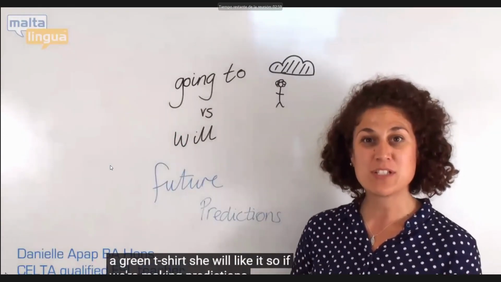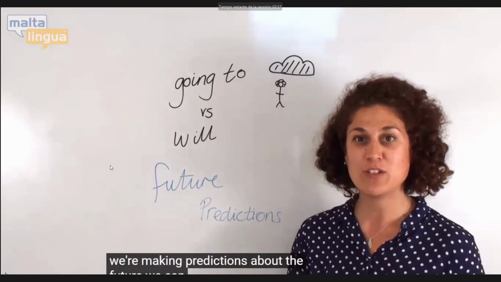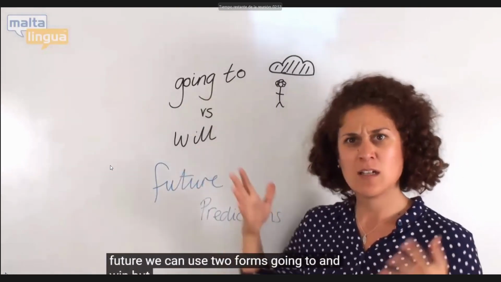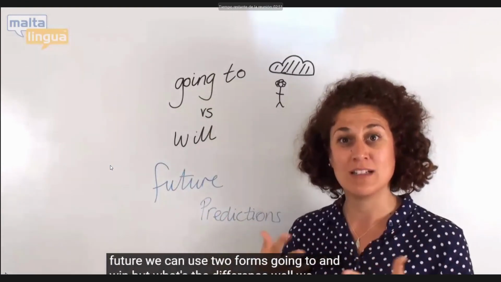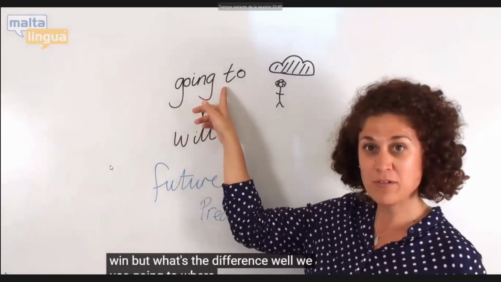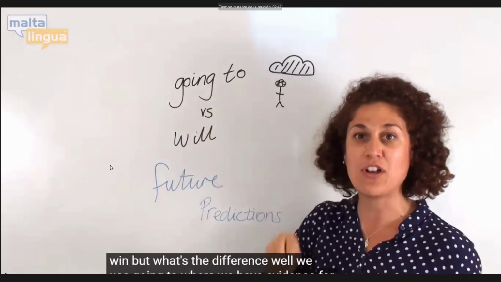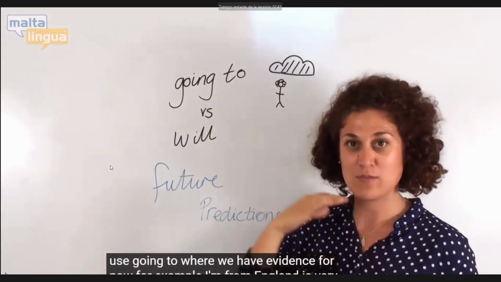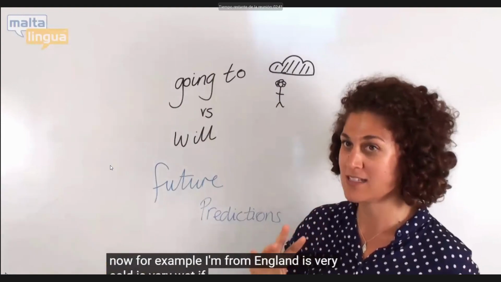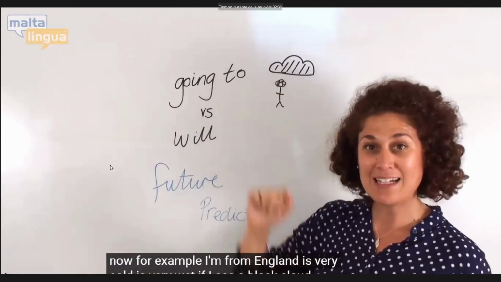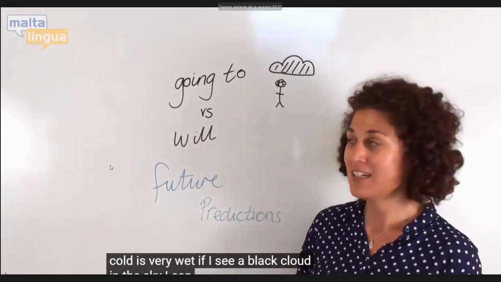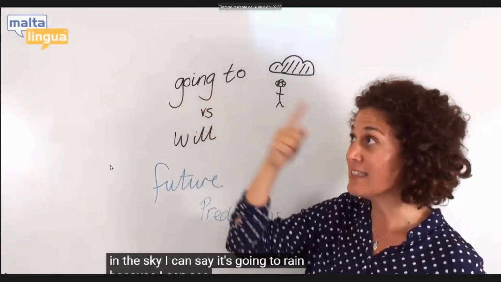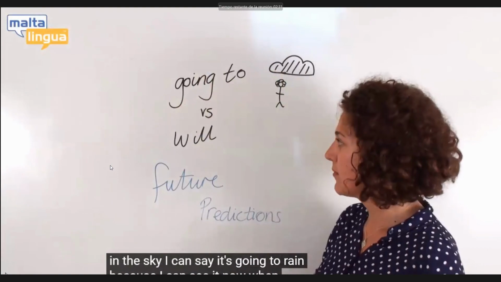So, if we're making predictions about the future, we can use 2 forms, going to and will. But what's the difference? Well, we use going to when we have evidence for now. For example, I'm from England. It's very cold, it's very wet. If I see a black cloud in the sky, I can say it's going to rain, because I can see it now.